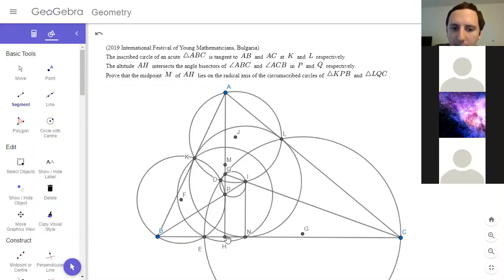Okay, so we're assuming EH is equal to HN, and then we're trying to prove that IN is parallel to AH. Is that what you said? Yes. Well, we know IN is parallel to AH because IN is perpendicular to BC and AH is perpendicular to BC, right? Yeah.